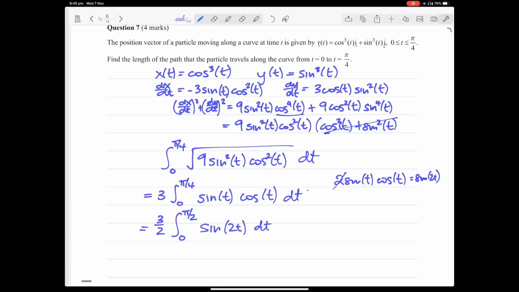So then if we want sine t cos t, it's going to be half of that, which is why I divided it by 2.